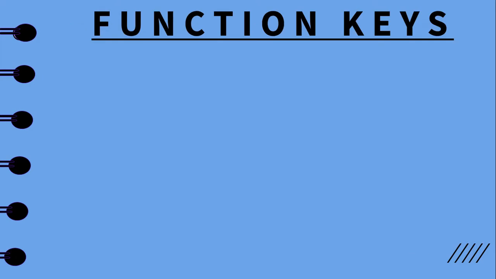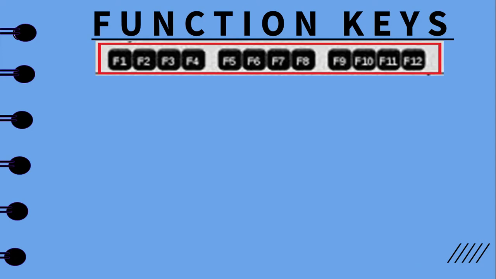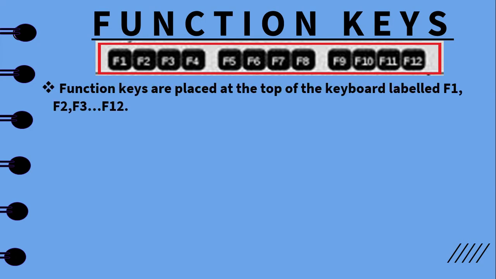Function keys. Function keys are placed at the top of the keyboard, labeled F1, F2, F3, F4 up to F12. These keys have a specific function depending on the operating system and software you are using.